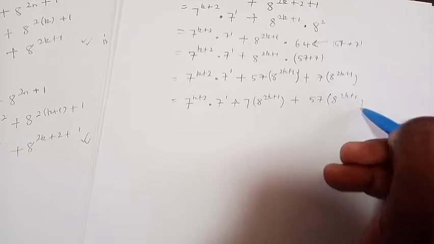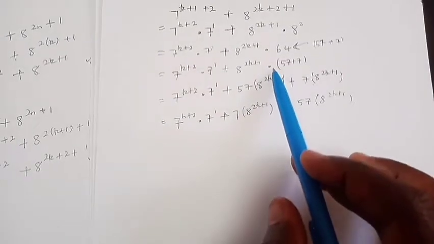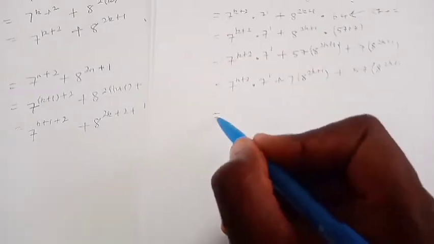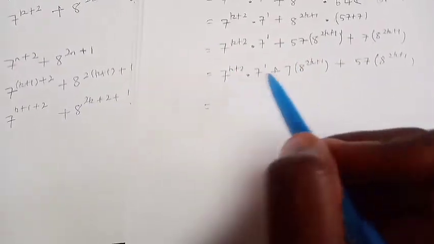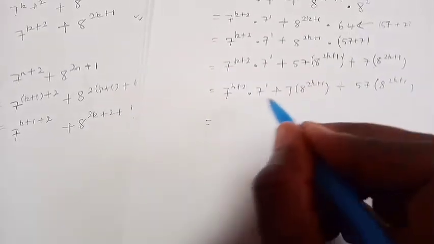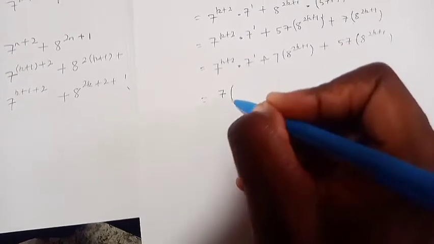You might ask yourself, why am I bringing in brackets at this moment? Using brackets and these dots is the same thing. This dot also means multiplication, and this bracket also means multiplication. So now I'm going to make this 7 the subject of the formula over this side. So I'm saying 7, and then I'm going to open brackets.